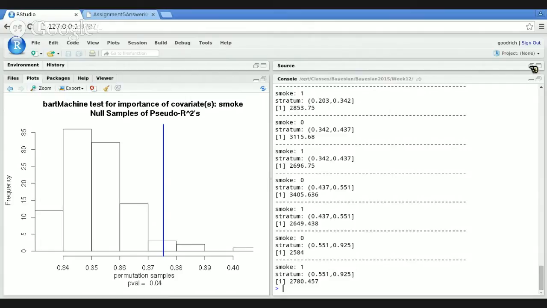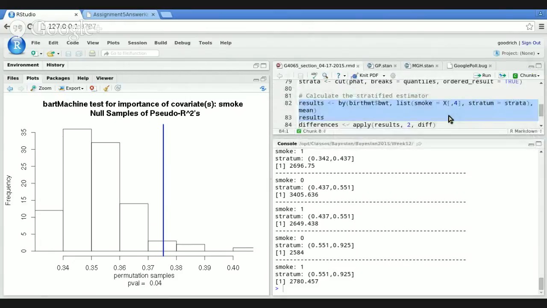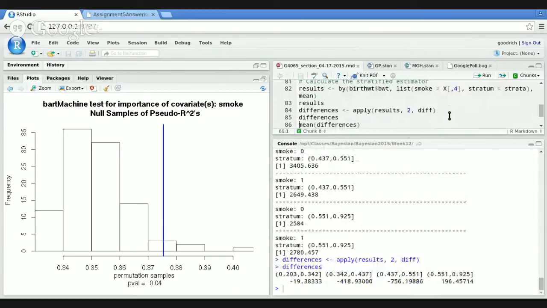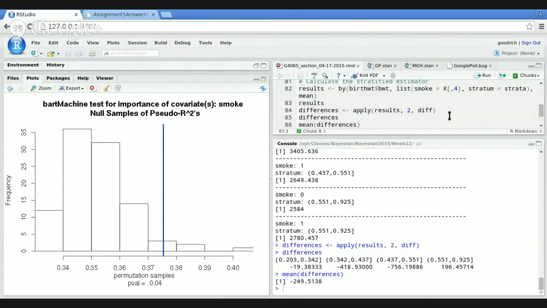So to get an estimate of the average causal effect, we can just take those differences in each stratum. And those differences are those numbers there. Since all of these have 1/5 of the sample, I can just take the mean of those estimates, and we get an estimated causal effect of 250 grams lower using the propensity score method.